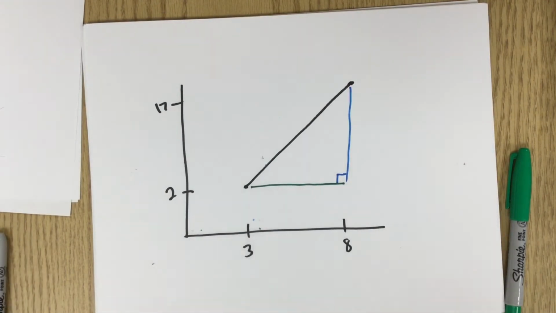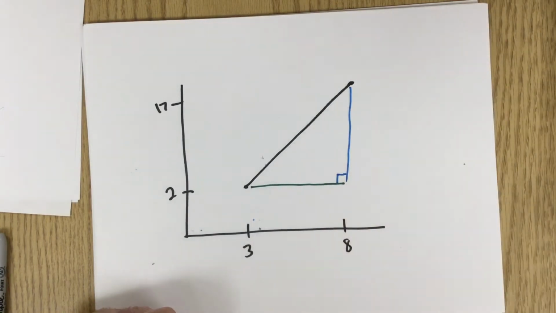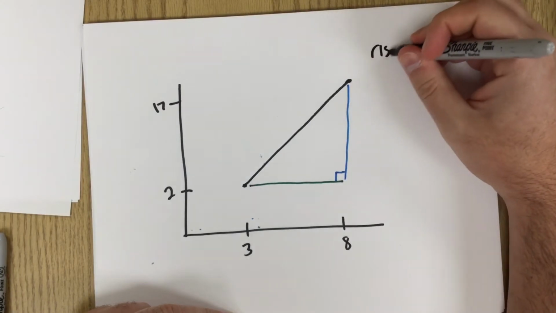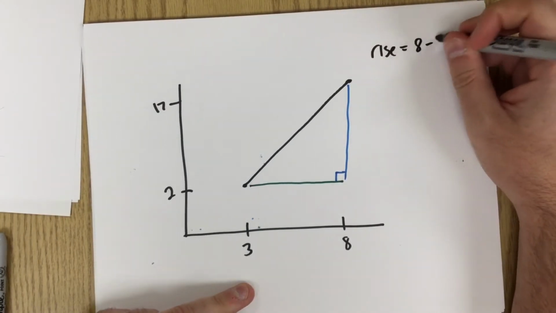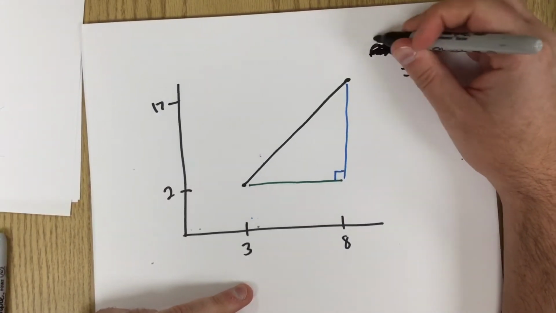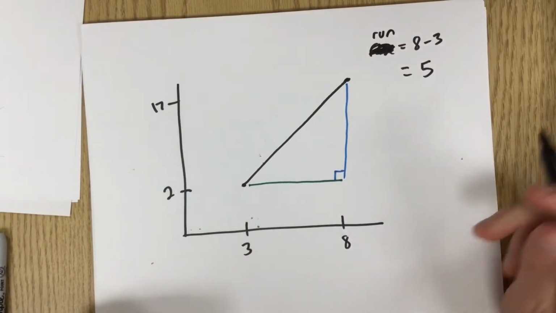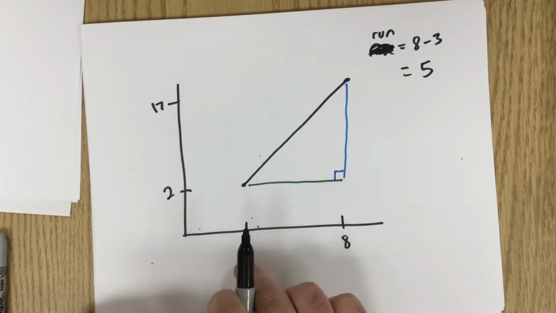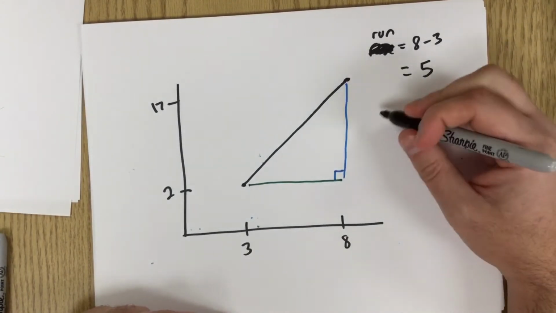And now the rise. So the rise is going to be, we went 8 minus 3, which is, oh, that's the run actually, sorry. The run is going to be 8 minus 3. We went from there to there, so we ran 5.